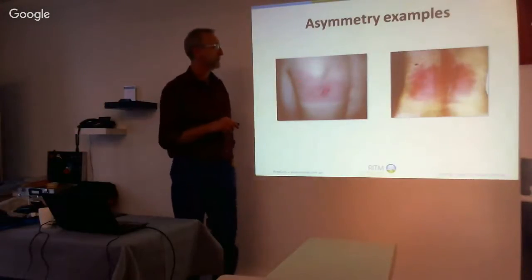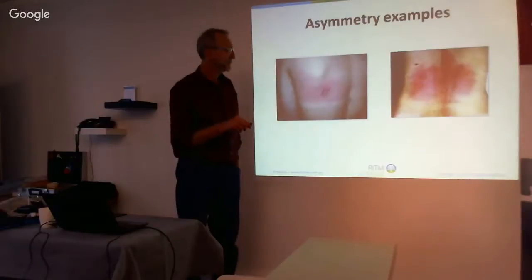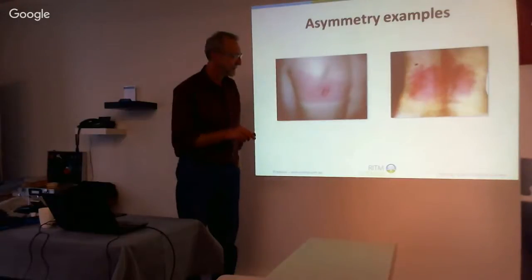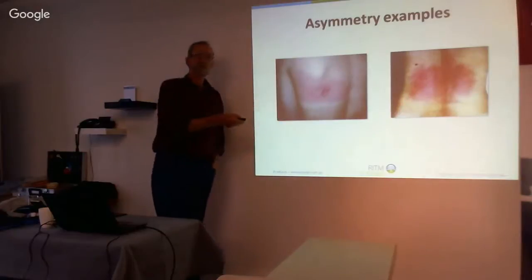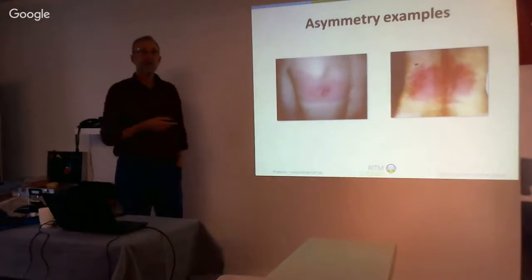Here it's slightly different. Somebody has been treating the whole back here. As you can see, here's some redness there, but there's no redness on this side here. So here's the asymmetry, because everything went red except this part and this part down here. So here you've got a visual asymmetry.